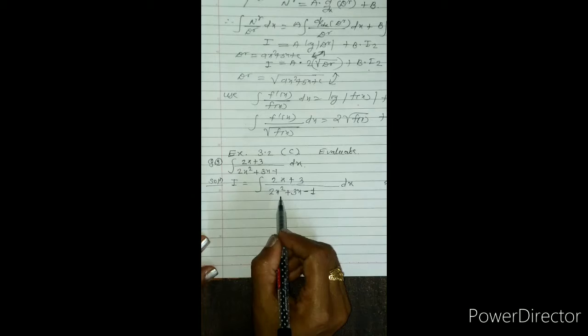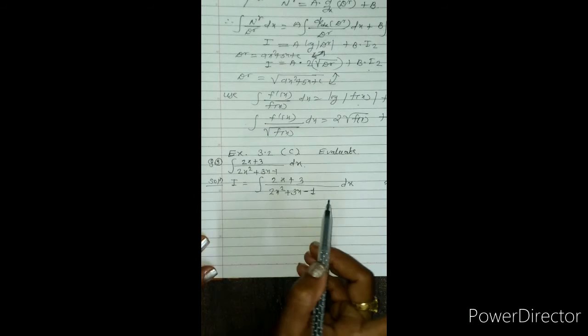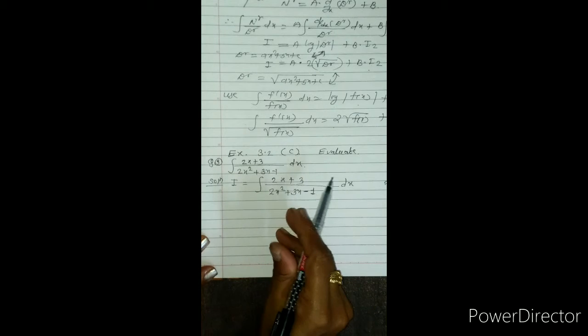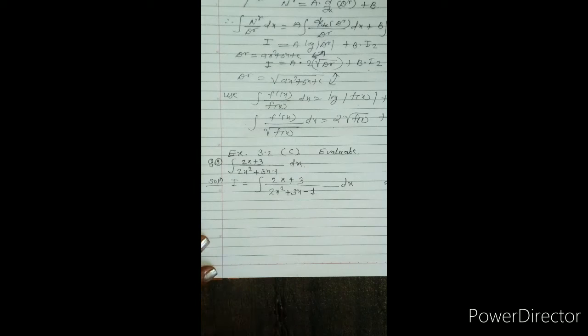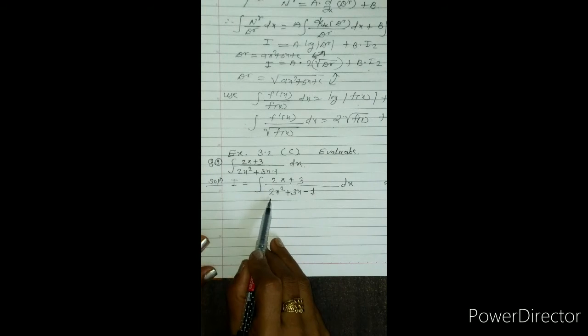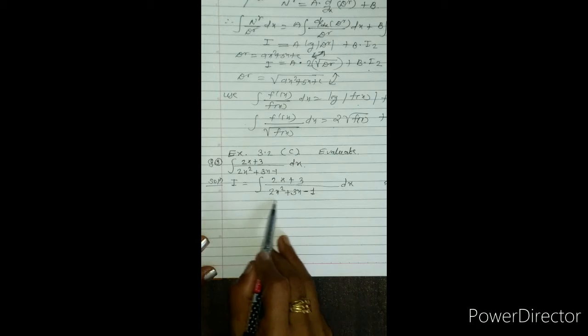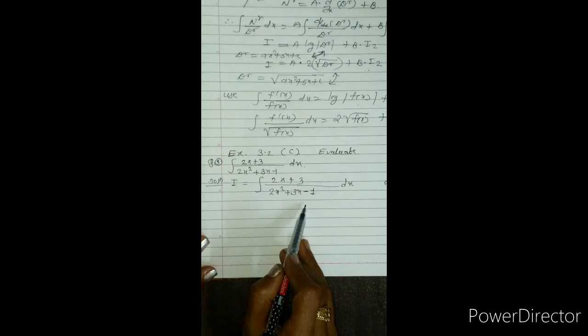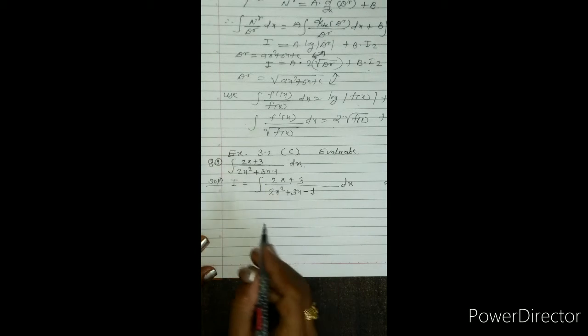Again we see this type is repeated in the third topic, that is integration by partial fractions. But there is a difference between partial fractions and here: if the denominator can be factorized as a product of linear factors, then we use the partial fraction method.